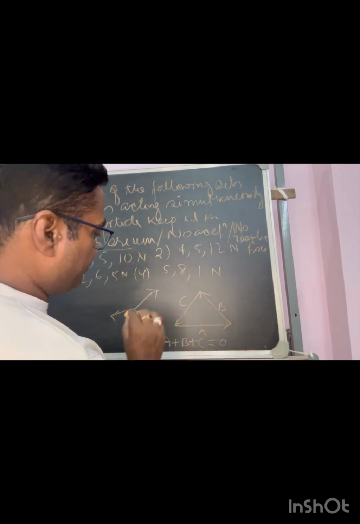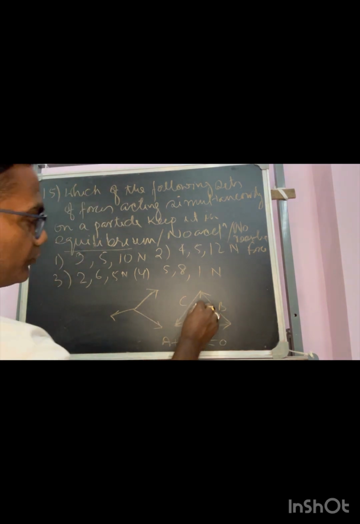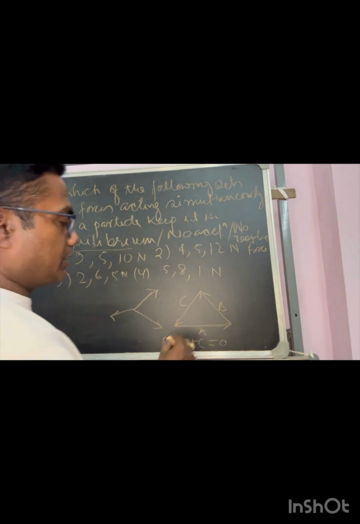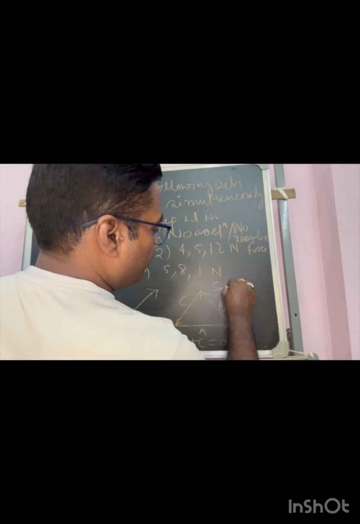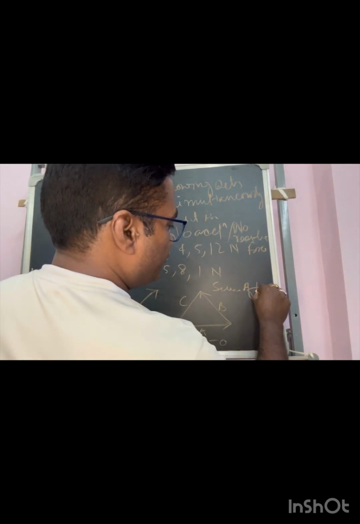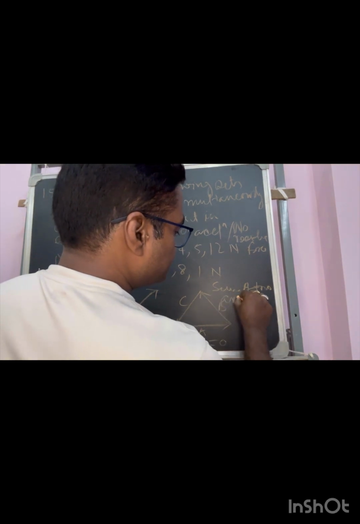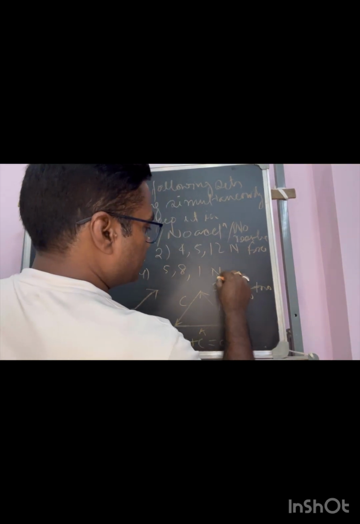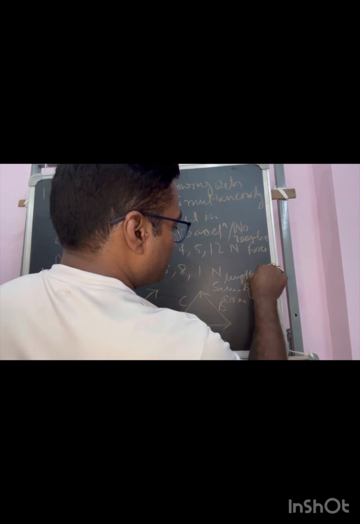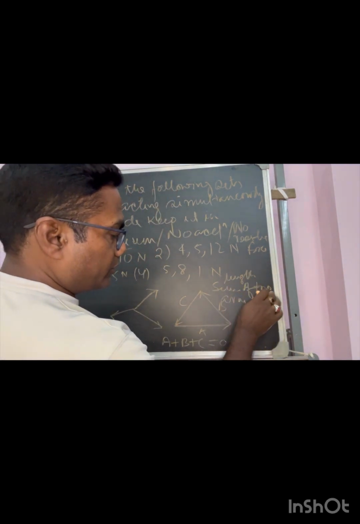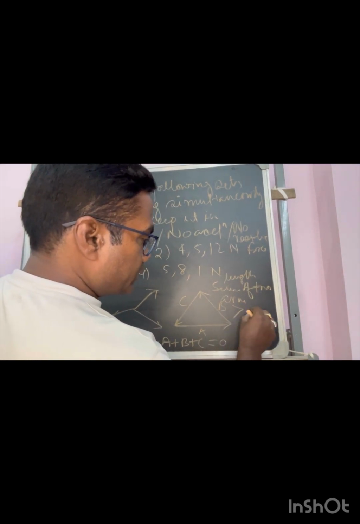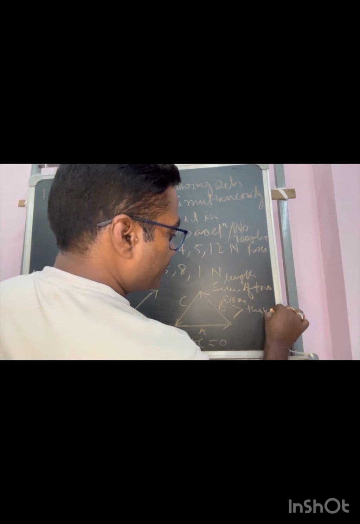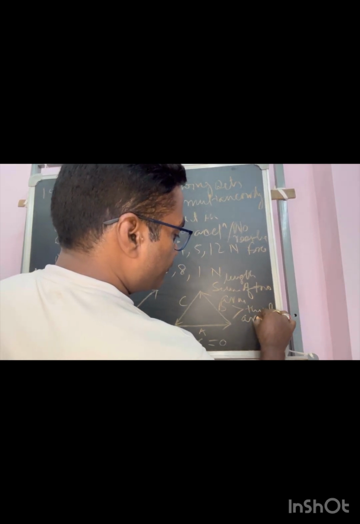So for a triangle, geometrically, I am talking about the length: the sum of the lengths of two arms is always greater than the third arm. That we know from geometry.